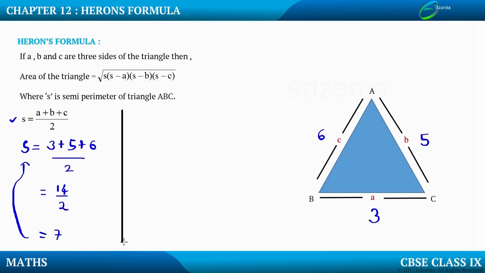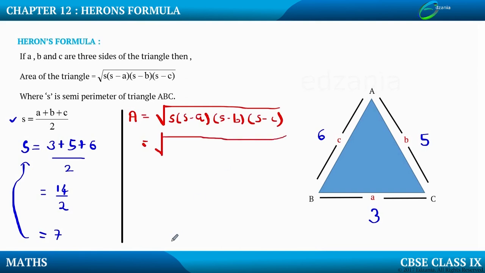I need to substitute the value of s in the formula. So what is the formula? Formula is area is given by root of s into s minus a into s minus b into s minus c. So which will be further equal to, what is s? s is 7. 7 into 7 minus 3, 7 minus 5.